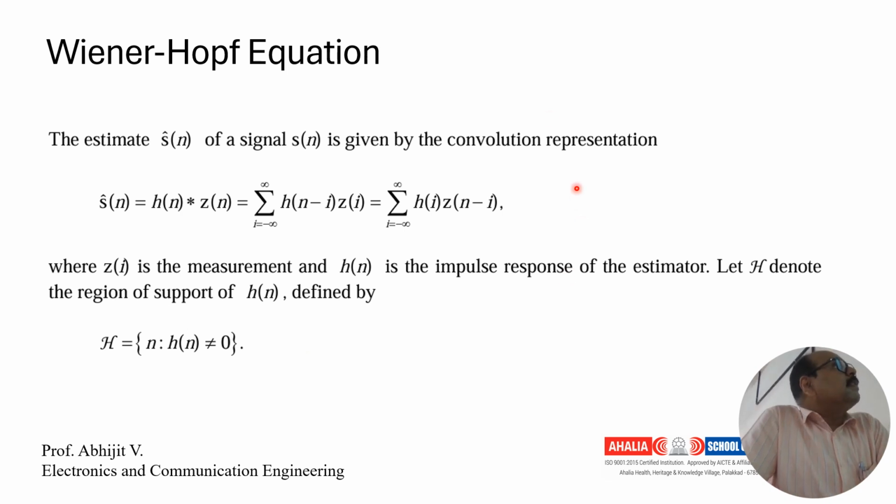So let us mathematically write the convolution process here. The estimated signal Sn will be Hn convolution Zn. In other terms, the summation of all values from I to infinity, Hn minus I, Zi. Where Zi is the measurement, that means it includes the noise signal also.